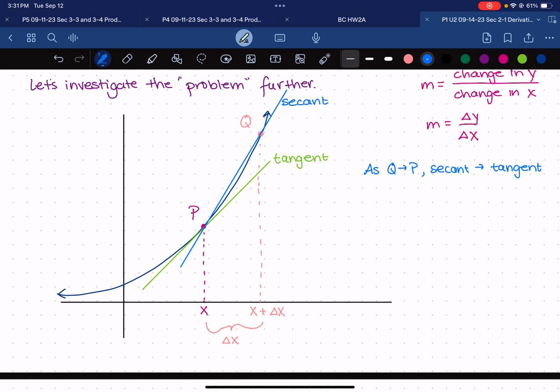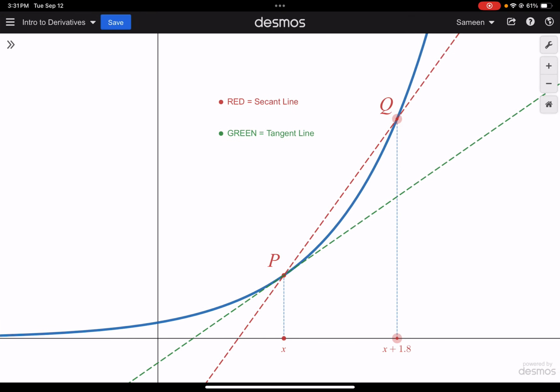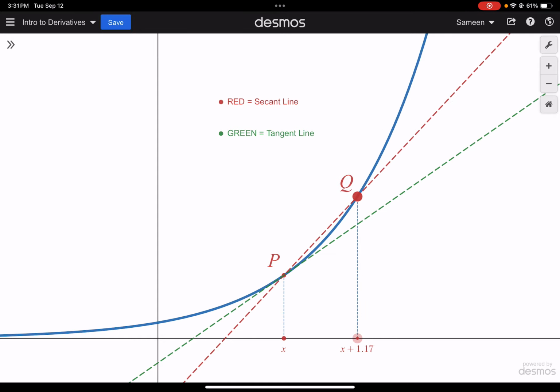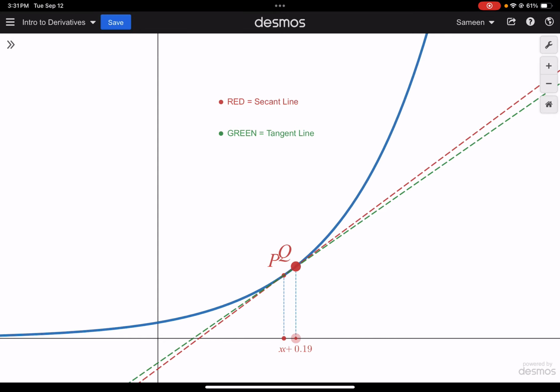Another way of saying Q is approaching P is, if I can make this distance smaller, that makes Q approach P. And again, if I go back to Desmos, that 1.8 down there represents my delta x. As Q approaches P, the change in x is approaching 0.